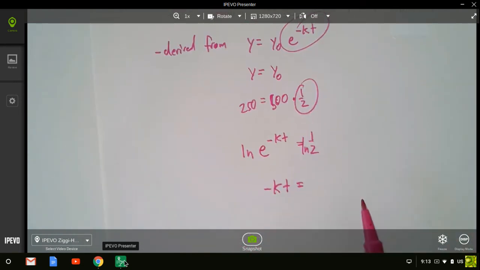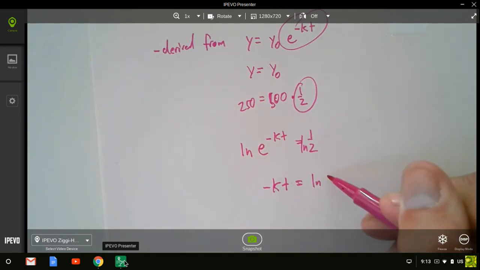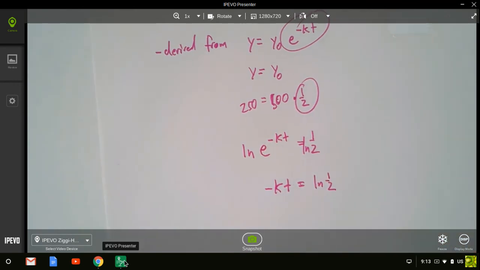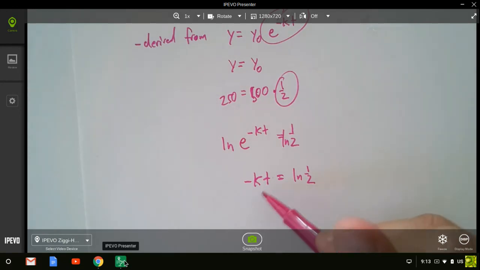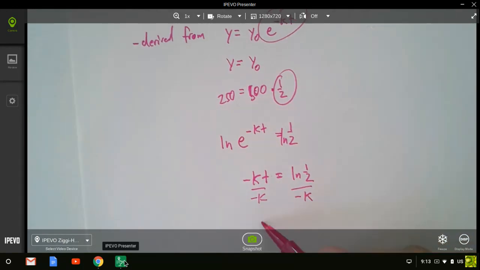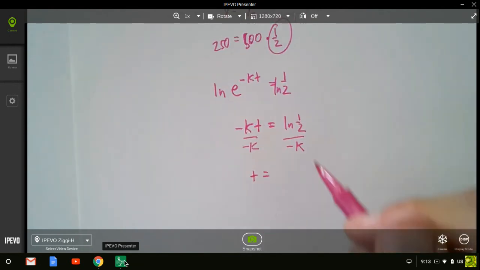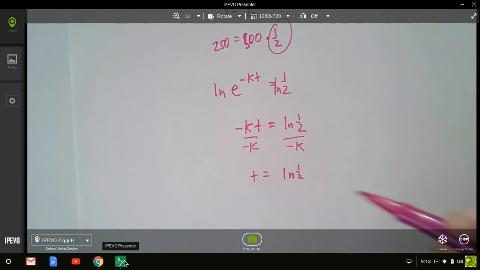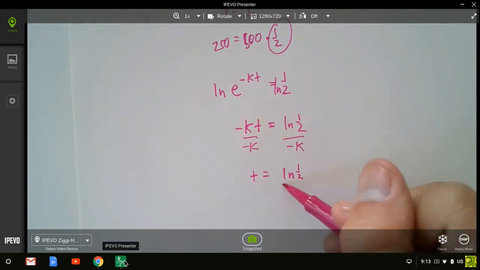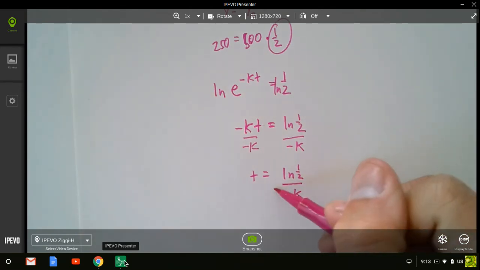It's equal to ln of 1/2. And then you divide both sides by negative k. You get t is equal to ln 1/2 over k.